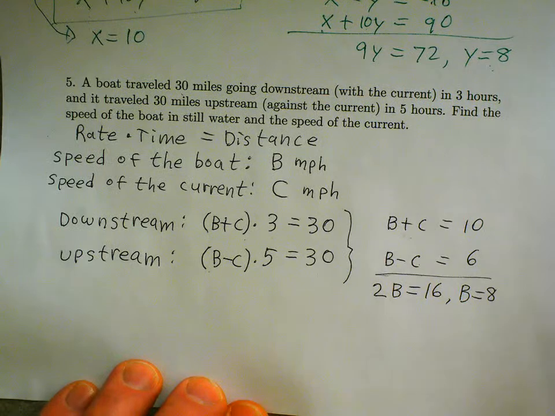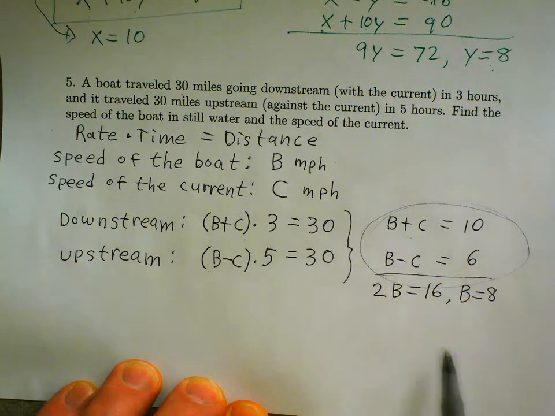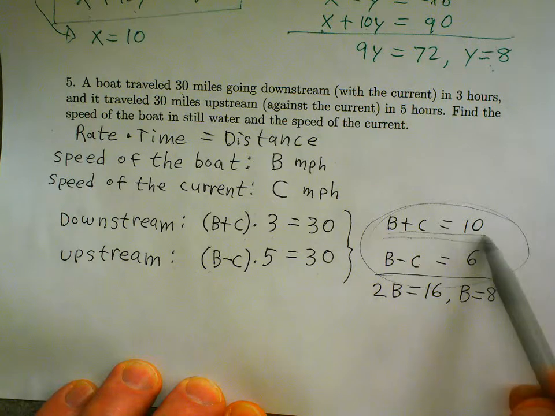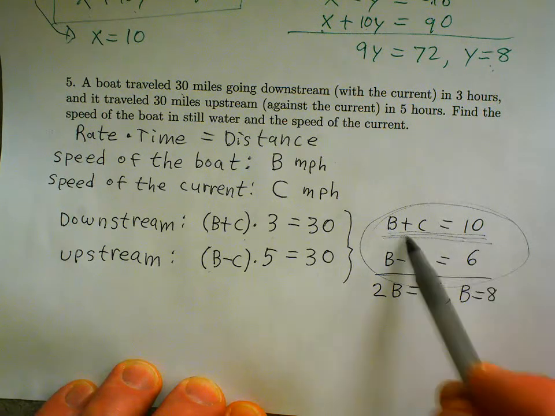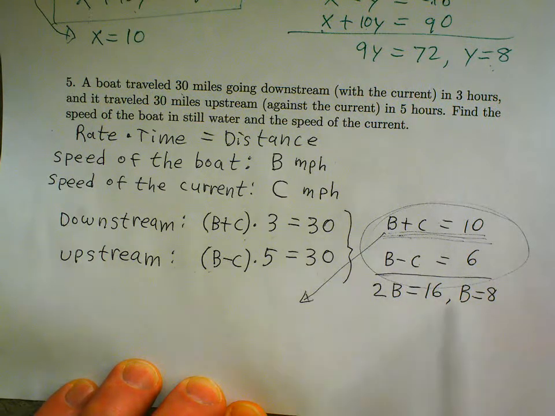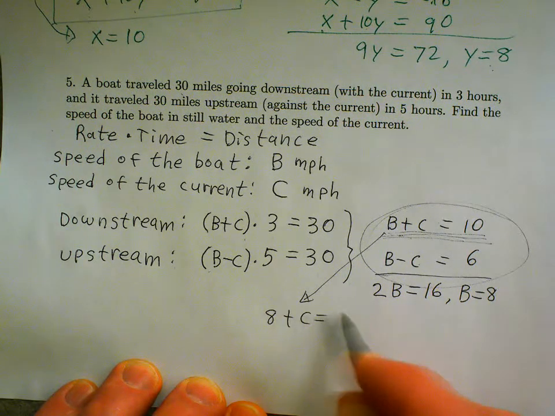And to find c, we can use any of the other equations. So if I use the top equation, I'm not required to use the top equation, but if I choose to use the top equation, then replace b with 8. 8 plus c is 10.